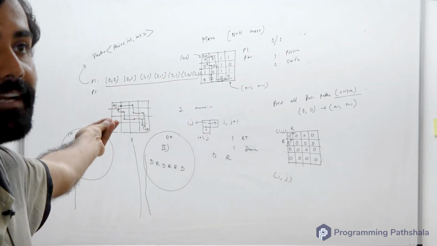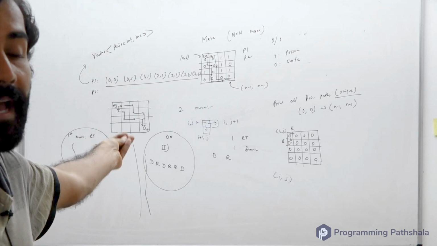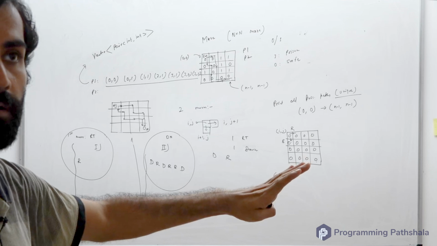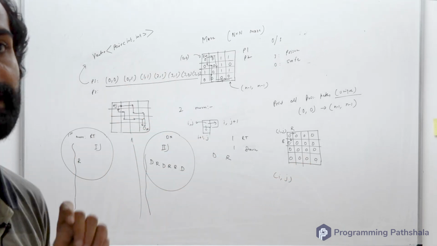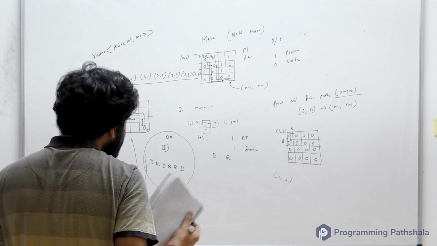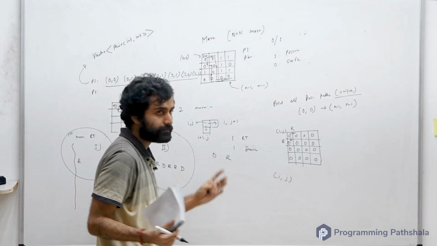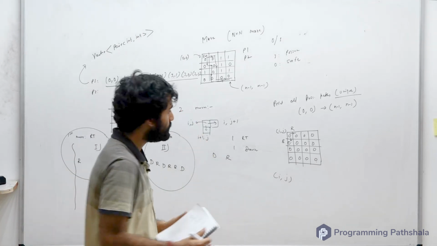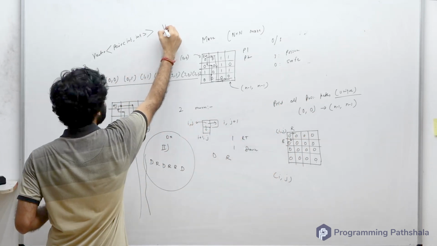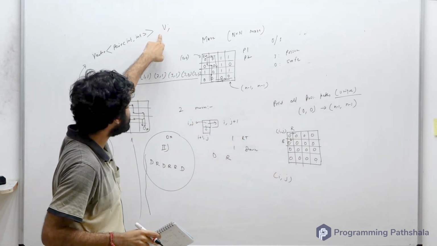Because if there is a path that originates from i comma j and reaches the destination, no matter how you go, that path would definitely contain i comma j in it. So think of it in this way. Then what comes to your mind? Then in your mind this thing should come, that there must be a vector like this.